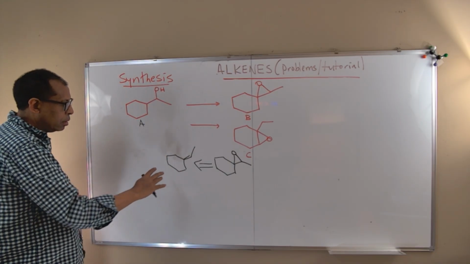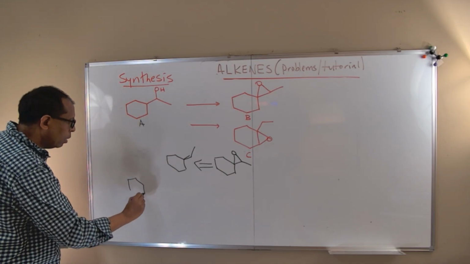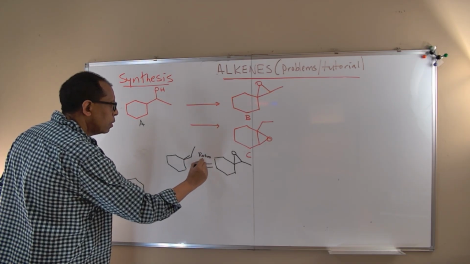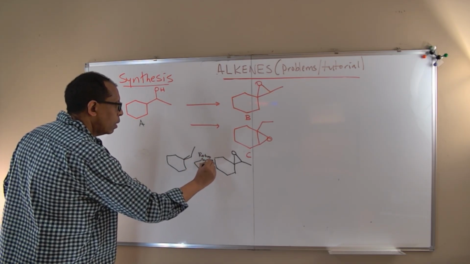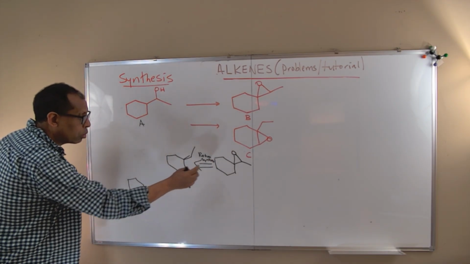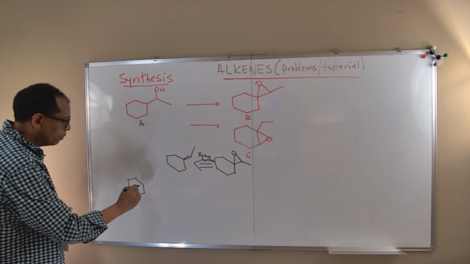So this would be starting from A. Now, this is retrosynthesis. So in the forward direction, starting from there to reach this, first I have to go to this alkene.